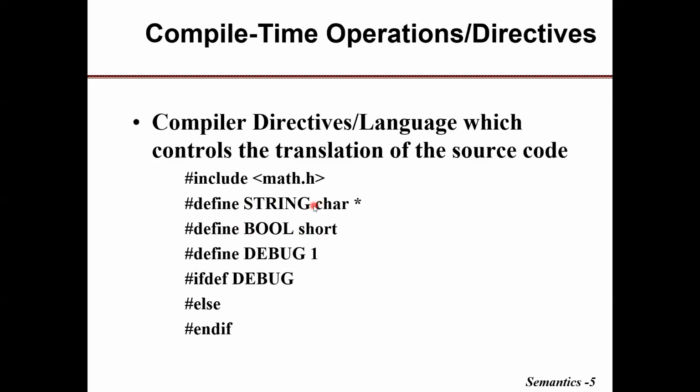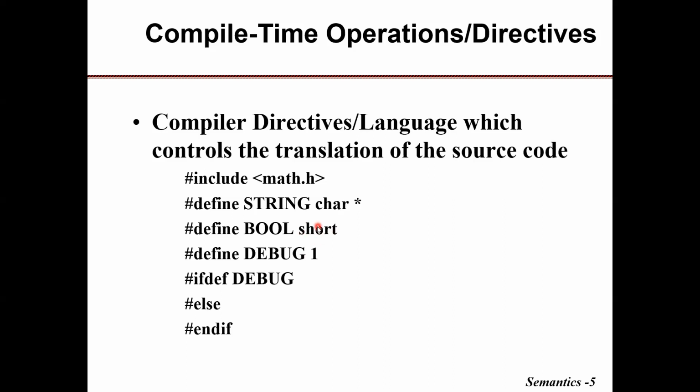You can change once what that definition of Boolean is, and the compiler will, in this phase of the compiler, substitute every place that you have Boolean with short, or U short, or U underscore short, whatever it is you want it to be.